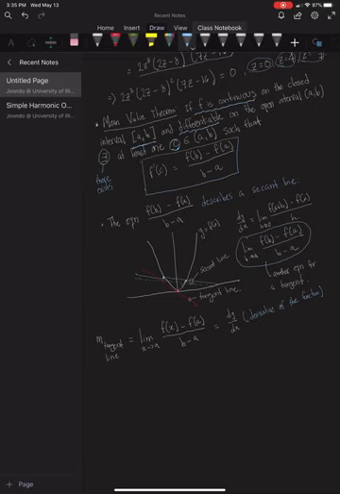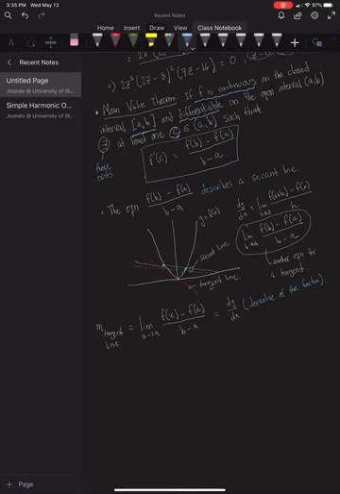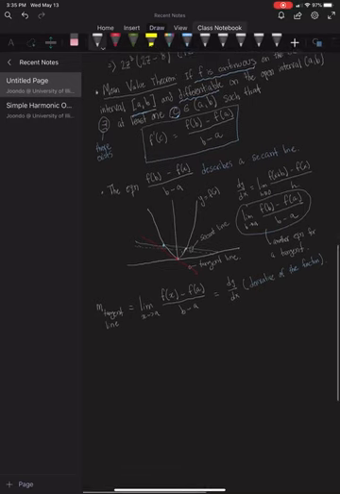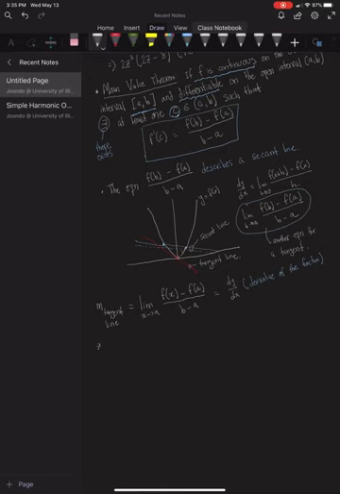But a continuous function is not necessarily differentiable. That's not a must. But a differentiable function is always continuous. Okay, so this is another important thing to know: a differentiable function is always continuous.